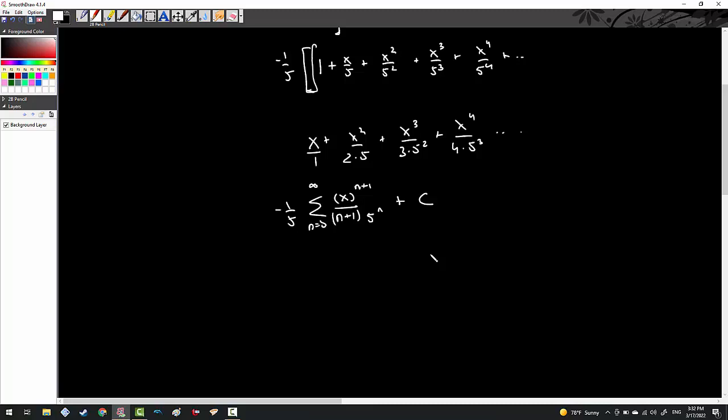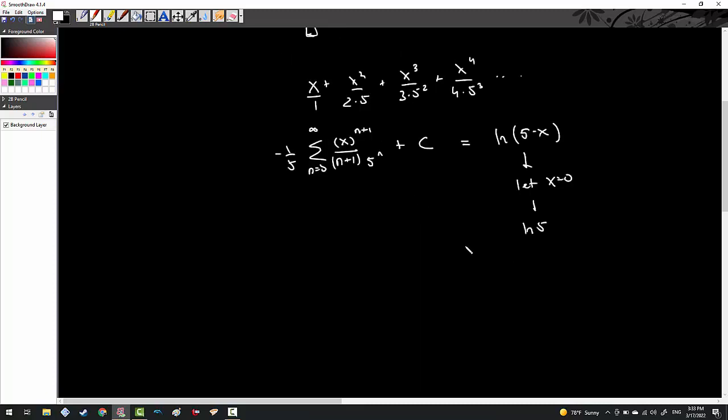From here, this is supposed to equal ln of 5 minus x. Remember, the power series we've been doing are centered at 0. So if I let x equal 0, I get ln of 5, which is what c is going to be.